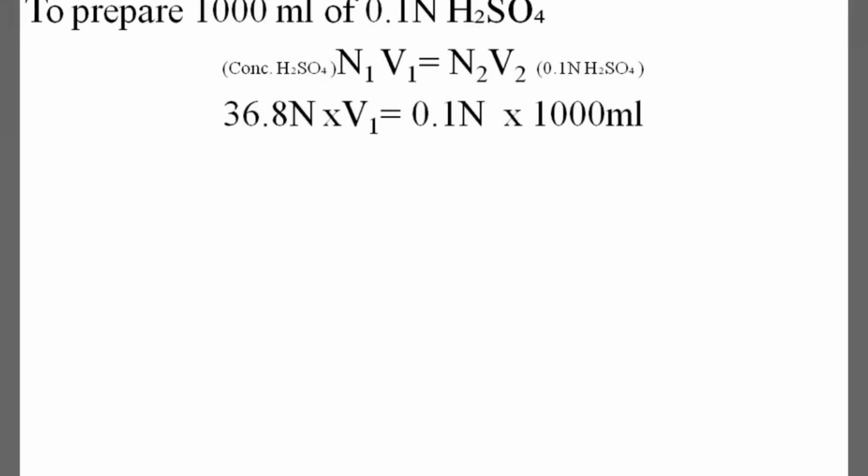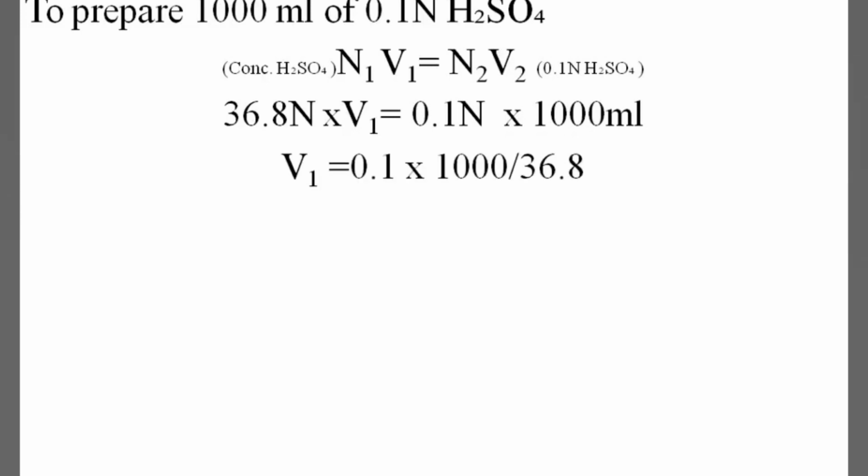Let's again calculate for 0.1 normal H2SO4 by using the same equation and put the values of concentrated H2SO4 as 36.8 normal, and here N2 values are changing. Now we have N2 value as 0.1 normal and we are keeping the volume the same. You can also change that depending upon your requirement.